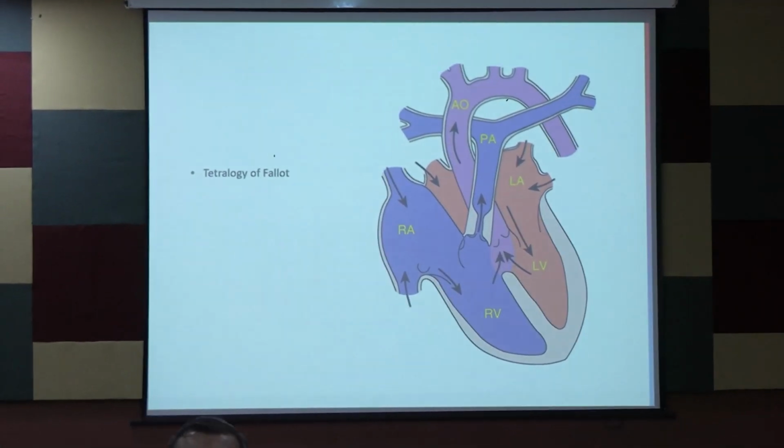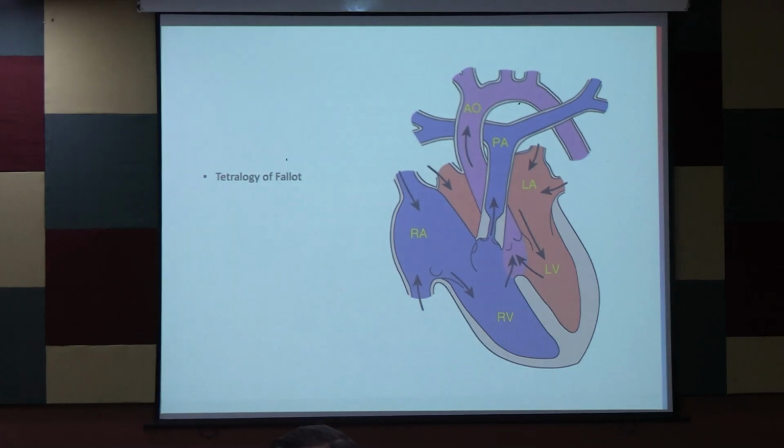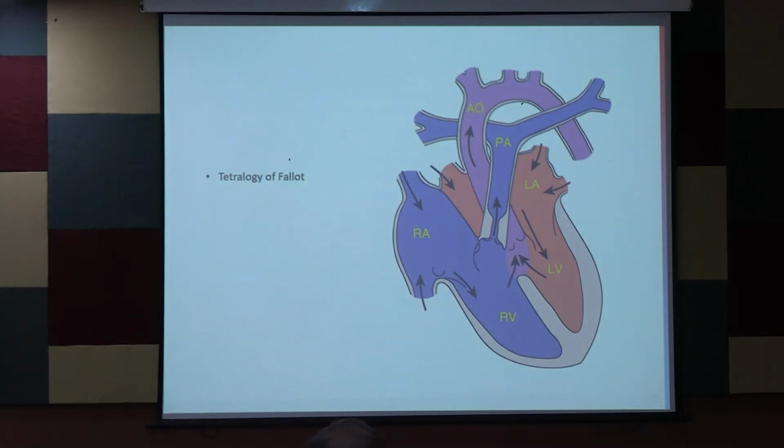Normally the pulmonary artery is in front of the aorta. In Tetralogy of Fallot there is some rotation, and the aorta comes to some extent in front of the pulmonary artery because of the overriding. So these pictures should be drawn closer to the aorta or more toward the right ventricle.